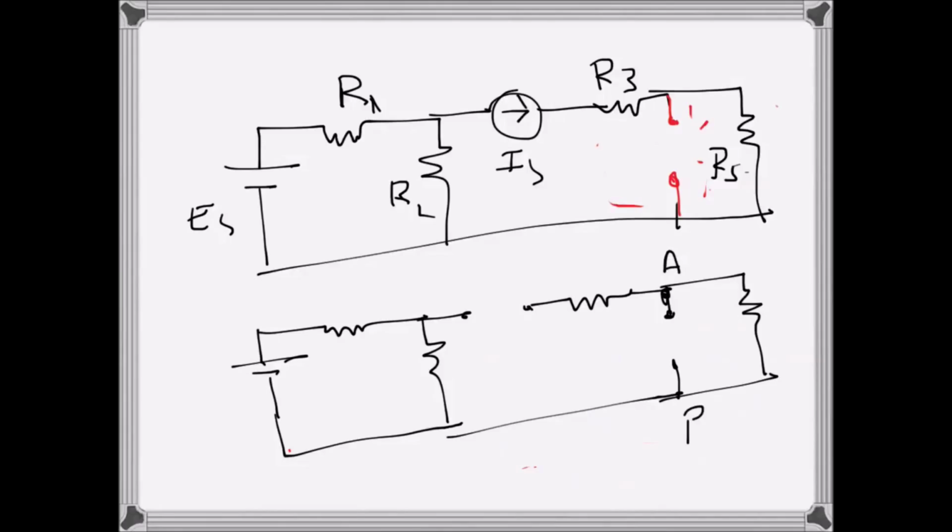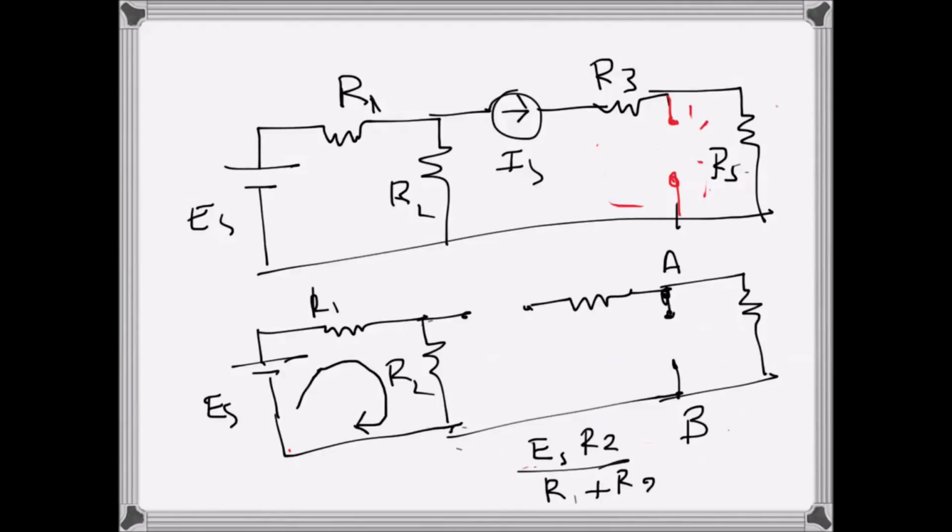Since this is ES and this is R1, R2, there is only one source, so the current flows in that way, and the voltage here is basically ES times R2 over R1 plus R2.